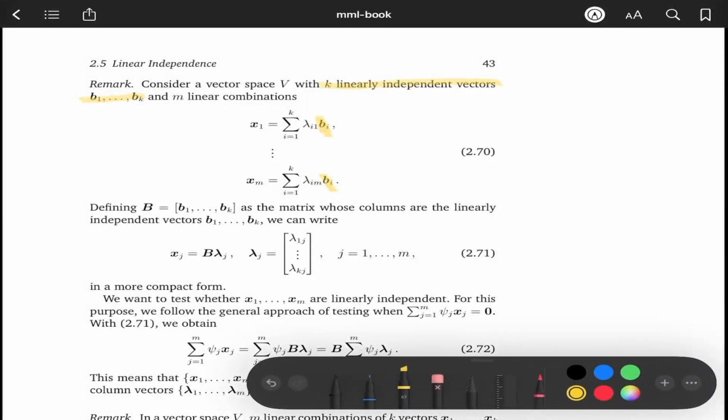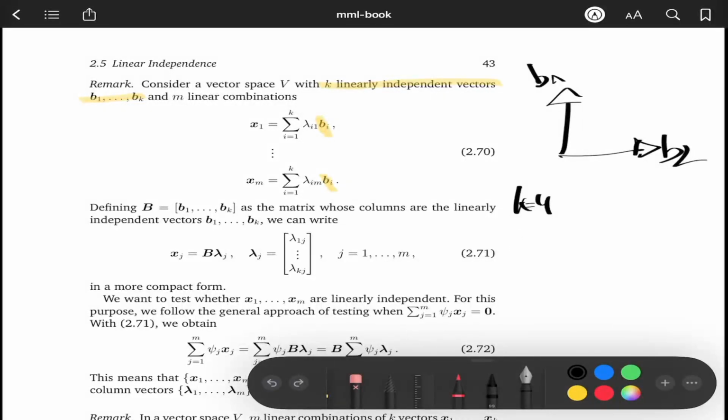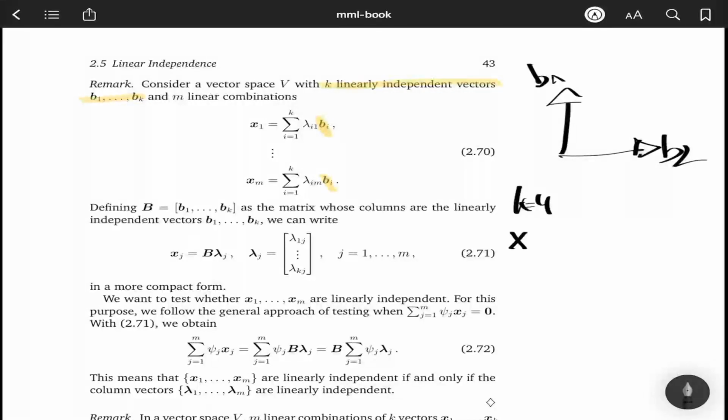So if you have independent vectors, for example, B1 and B2. Now what they're saying is they want a linear combination. Let's say K is 4. For x1, they say we have lambda 1 1 b1 plus lambda 2 1 b2.